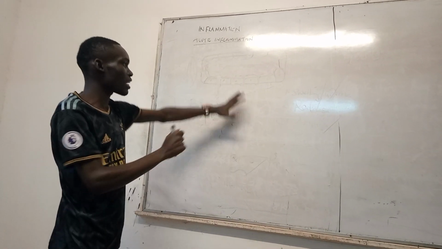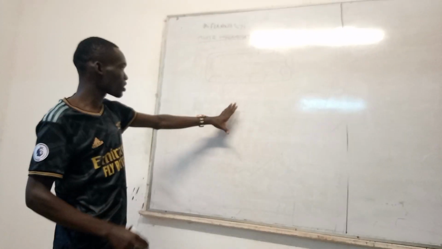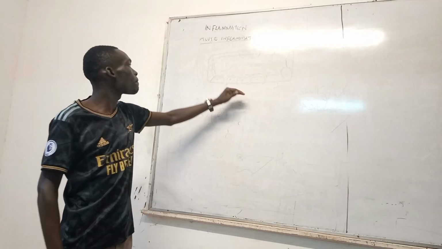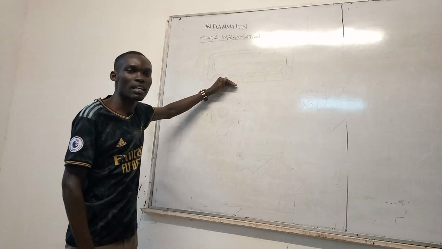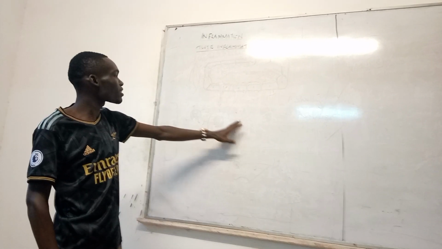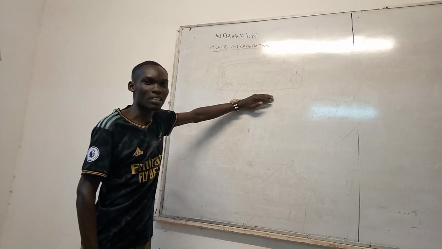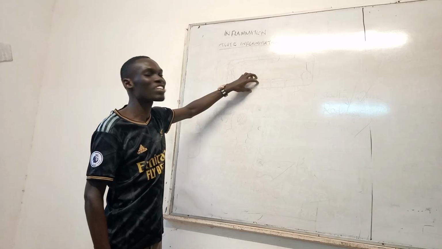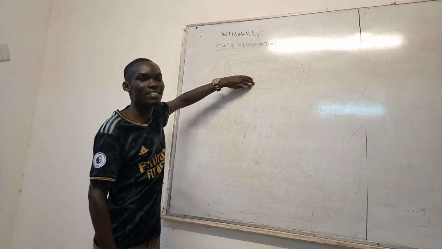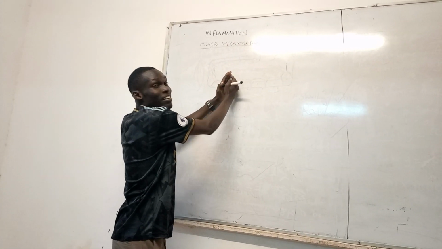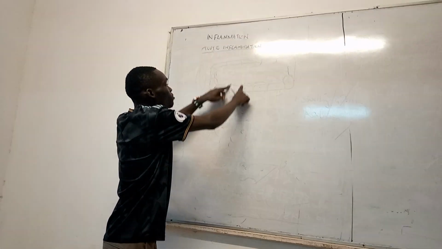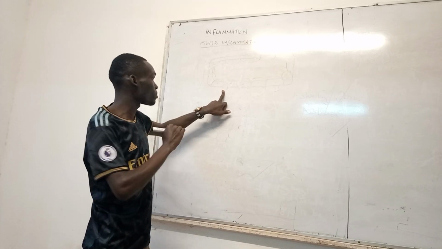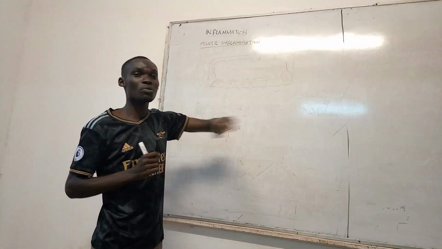Once these substances are produced, the histamines, prostaglandins, and leukotrienes bind to the endothelial cells. When these substances bind to endothelial cells, guess what they do? They increase vascular permeability. These cells contract, and when they contract, they leave gaps, thereby increasing vascular permeability.